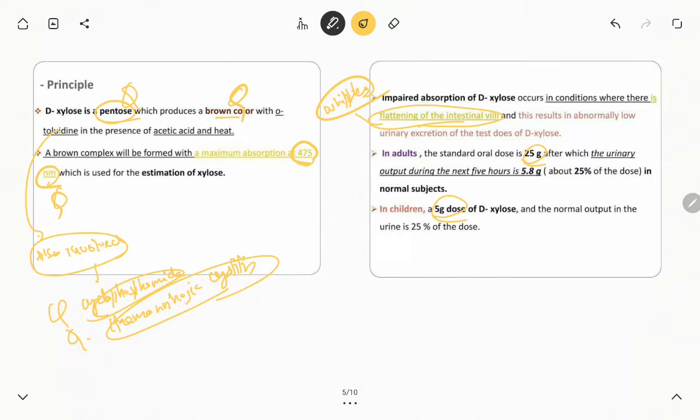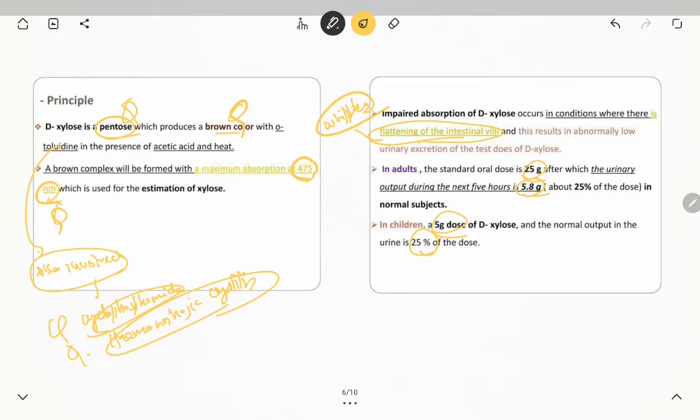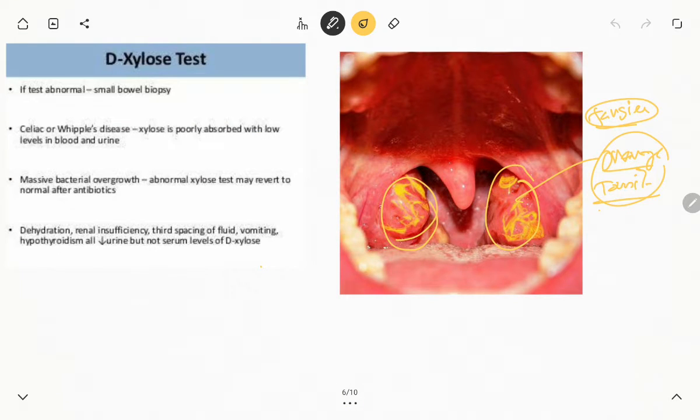The urinary output during the next 5 hours is 5 grams or more, and the normal urine output is 25% in children. If there is abnormality in the Xylose test, then we will go with small bowel biopsy.